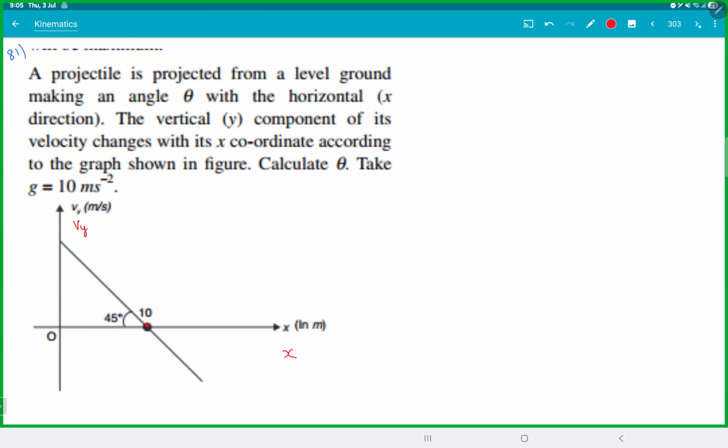This value is 10. u is not given, theta is not given. Using this information, find the angle of projection.